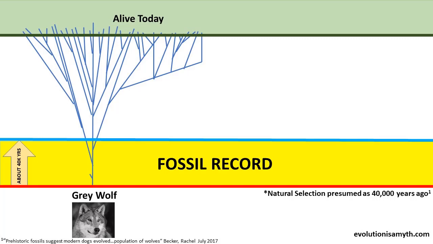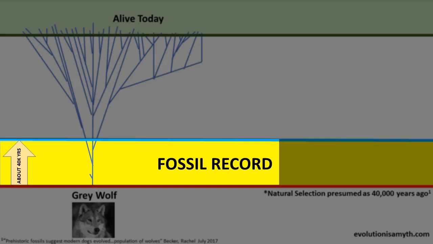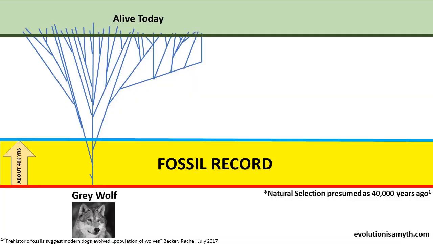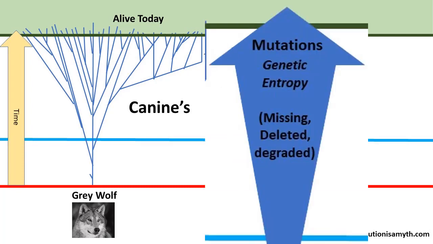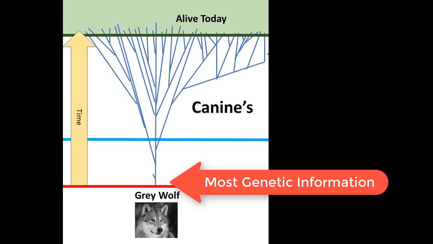The bottom portion of our illustration indicates the part that is the fossil record, which is estimated to go back approximately 40,000 years for the canine breed. With the benefit of genetics, we can look at the idea that Darwin proposed, focusing on the dog. We find that the gray wolf at the beginning had the most genetic information.